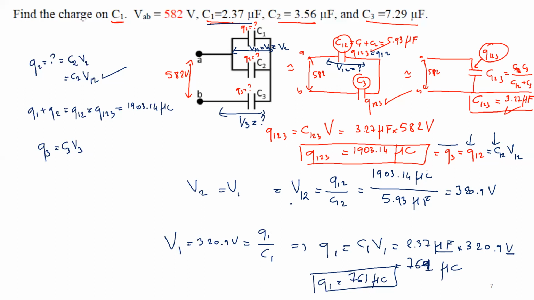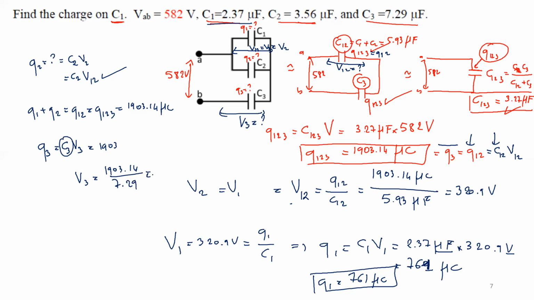But what is Q3? It is Q123. Why? Because Q123 comes from the series of C3 and C12. So basically the charge Q123 is equal to Q3, which is 1,903. And I know C3, so I know V3. V3 will be just 1,903 divided by C3. What is C3? 7.129.